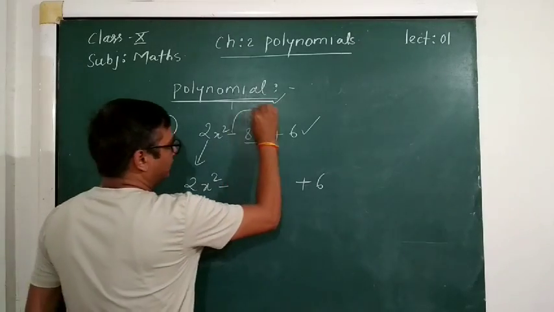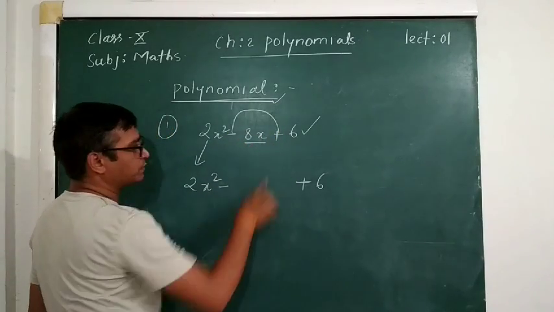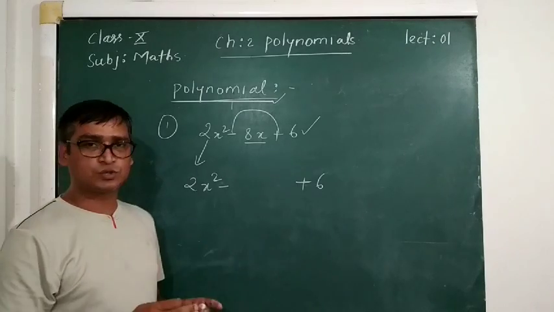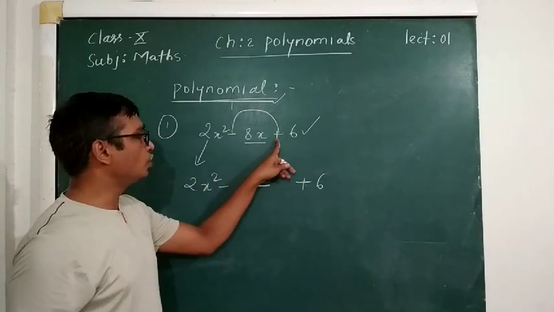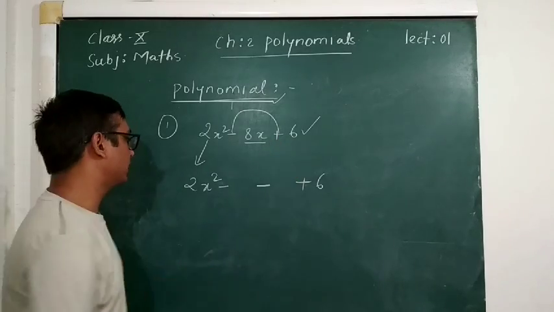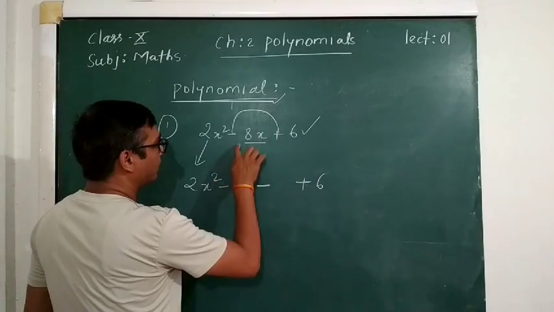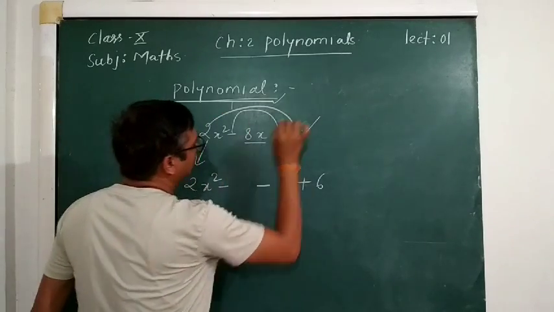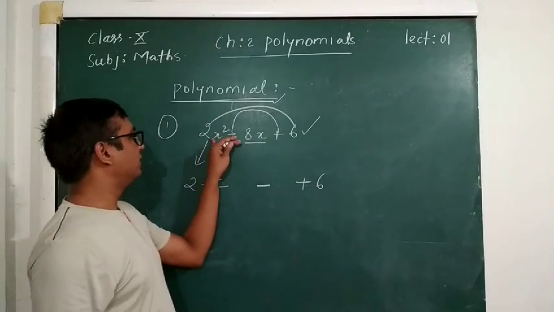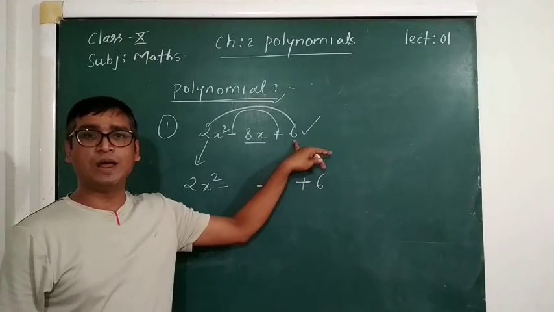Then minus and plus are multiplied, and whatever sign is obtained is written in the middle. So minus into plus, we get minus. So we will get minus over here. Now both the terms should be multiplied so that we will get 12.